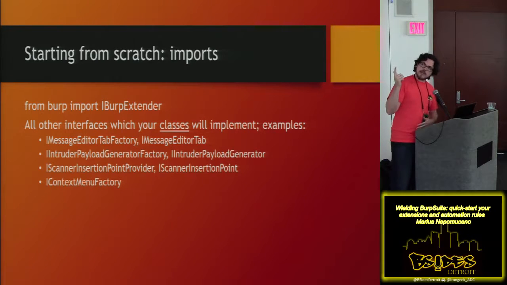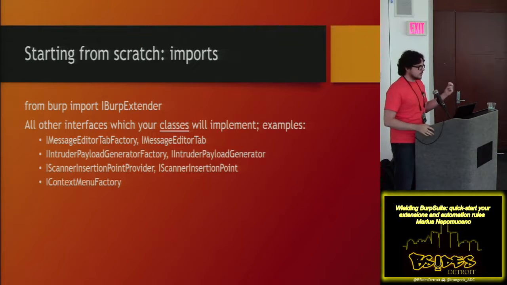IMessageEditorTabFactory and IMessageEditorTab create custom tabs in the BurpSuite UI, and you can do whatever you want with them. Intruder payload generation interfaces allow you to create custom intruder payloads, point exactly where in the HTTP message the payload should be replaced, and other things like that.